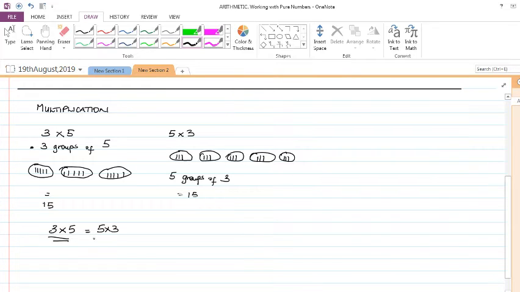So we could say that, generally speaking, this was the arithmetic example. These examples were arithmetic examples here.